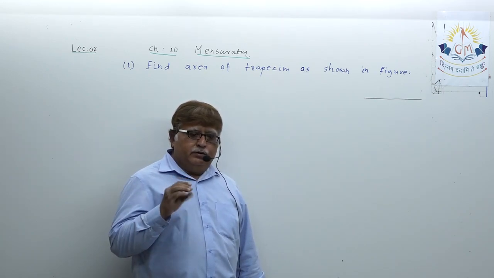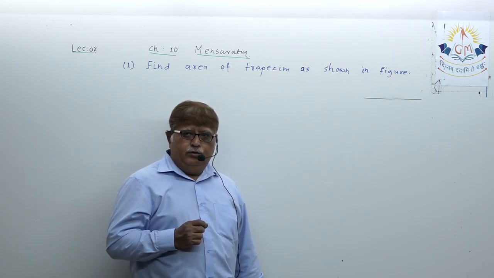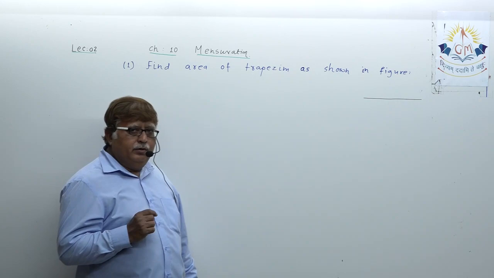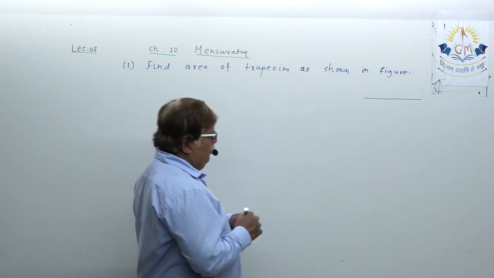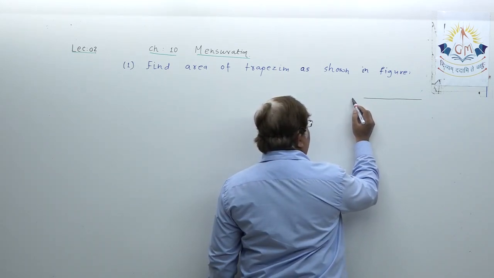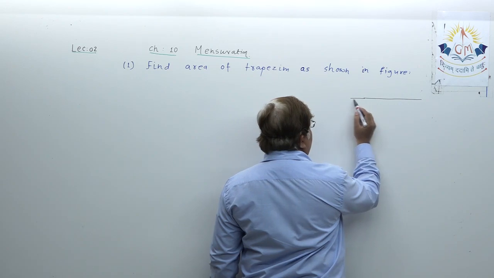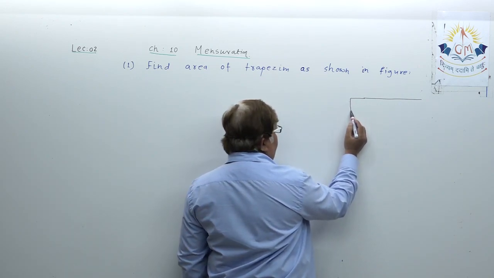Stick to this concept when you draw the diagram of a trapezium. Let us draw the trapezium. It is shown in this way. This is a trapezium.